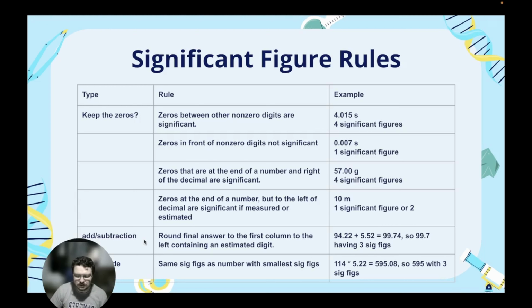This next one is about when we start to do math or arithmetic with numbers that have significant figures. So let's say we are adding or subtracting two numbers. When we add or subtract, we're going to round the final answer to the first column on the left containing an estimated digit. So just based on the way that we do math, let's say we take the number 94.22. We have 4 numbers there, which means we have 4 positions in that number.